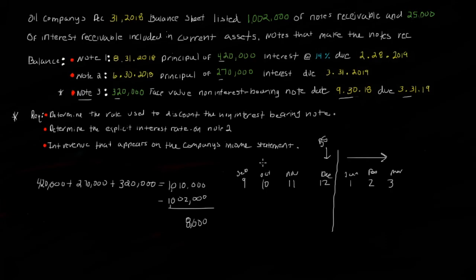So whenever we're talking about these dates here, we can exclude September because this note is made on the last day of the month. So we can include October, November, and December. That is a total of 3 months. And that will be important in just a little bit.